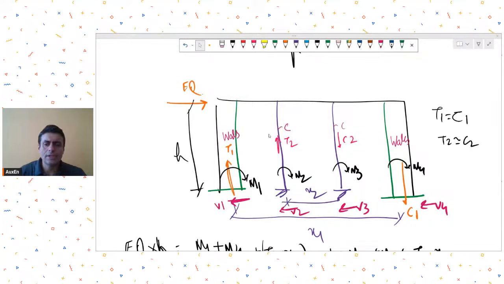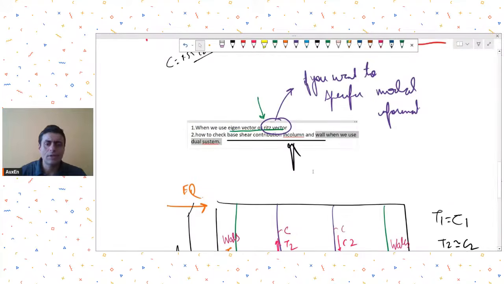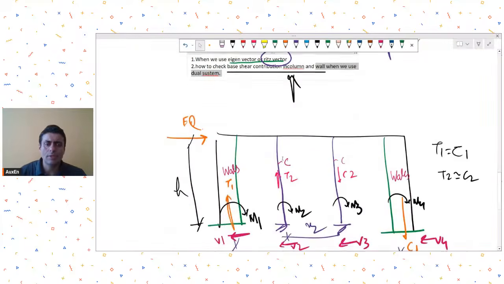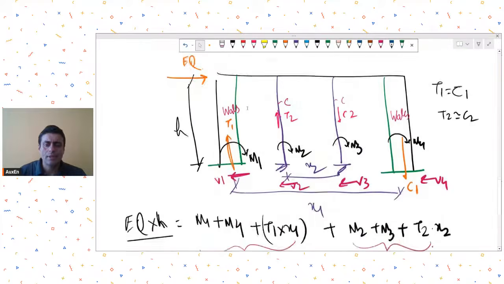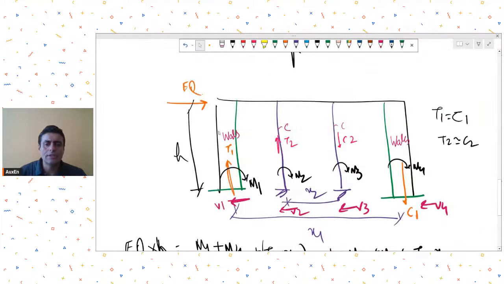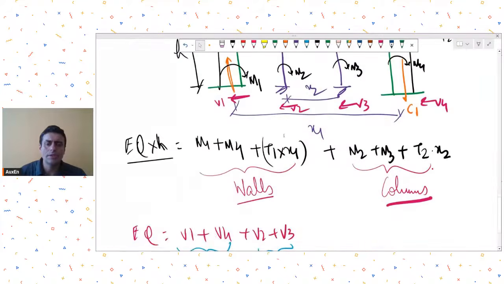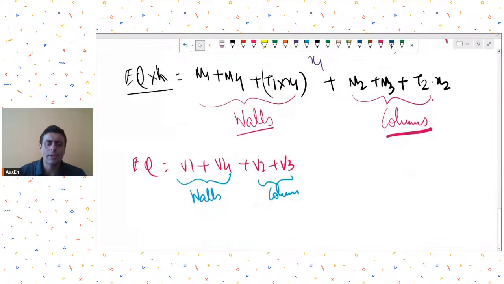There are certain conditions for the dual frame system, when you can call them dual frame, etc. You can look into IS 1893 and IS 13920 for further requirements. But to answer your question of how much wall is resisting and how much column is resisting, you can find out in this manner. Okay. All right.